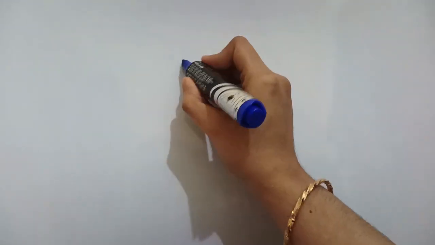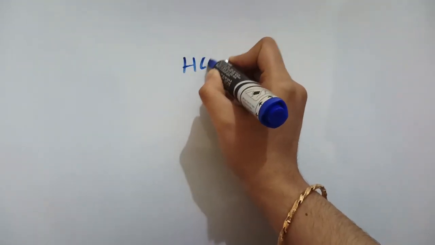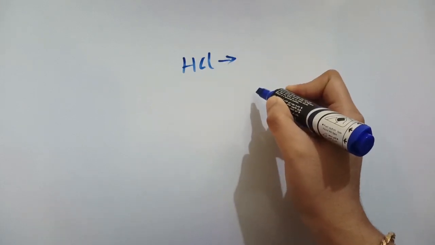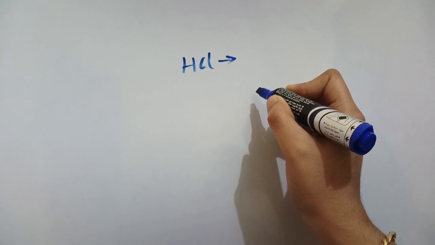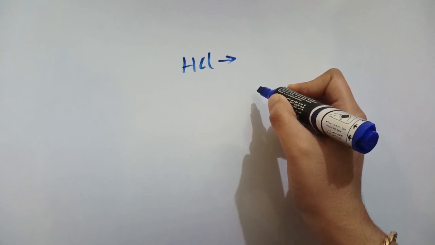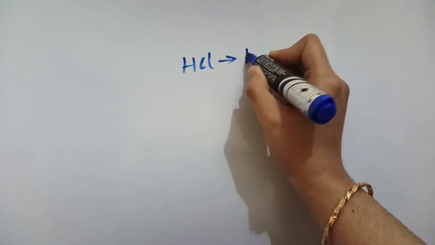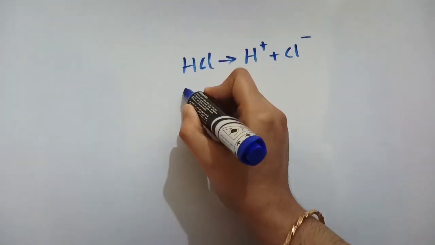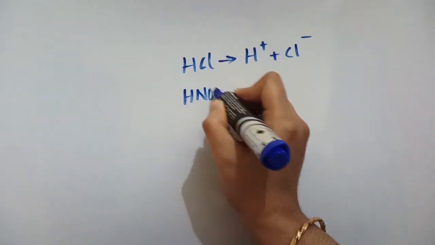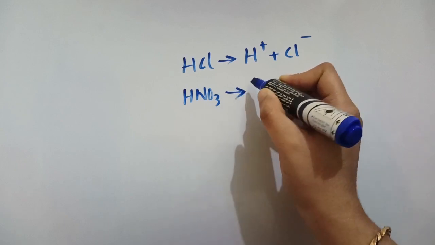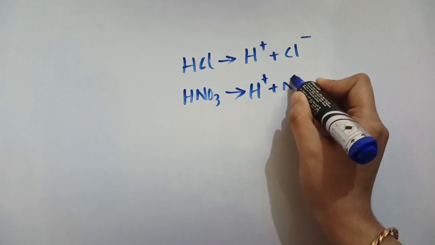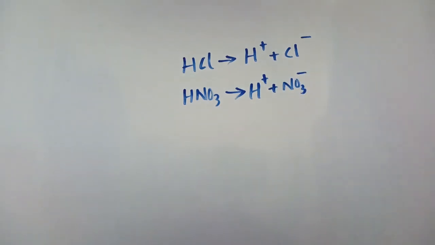Next we can look at what happens when hydrochloric acid, that is HCl, is dissolved in water. Oppositely charged ions are formed, that is HCl gives H plus and Cl minus. Similarly, nitric acid, HNO3, forms H plus and NO3 minus.